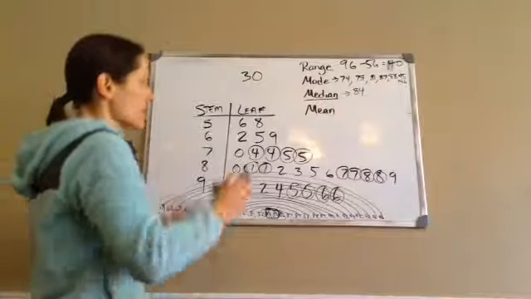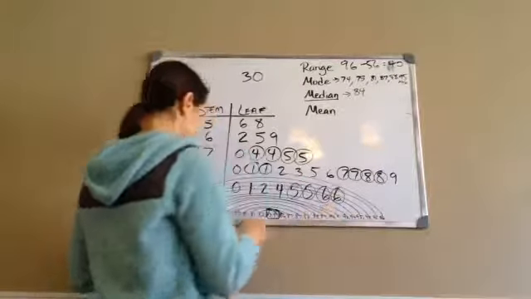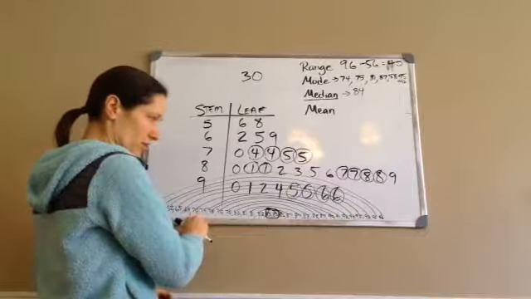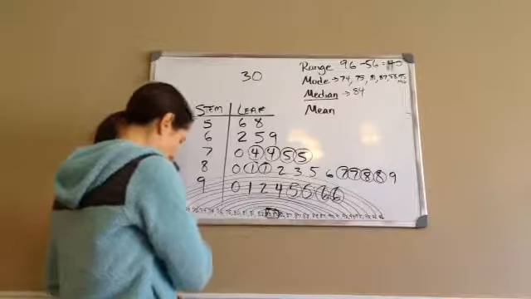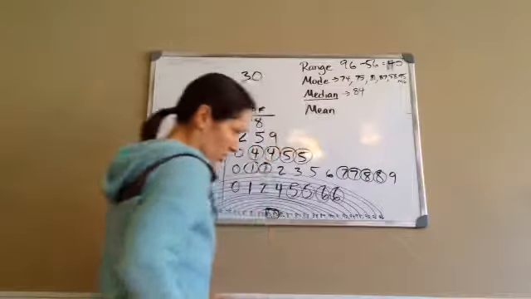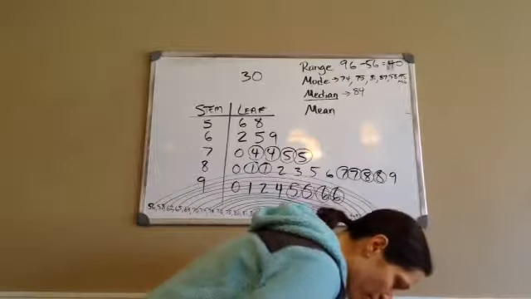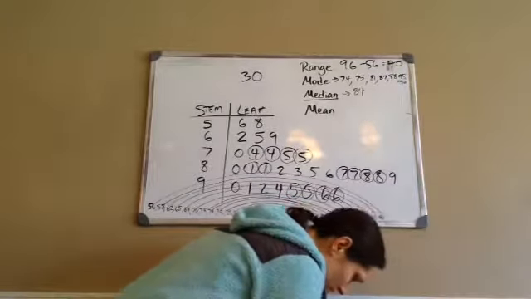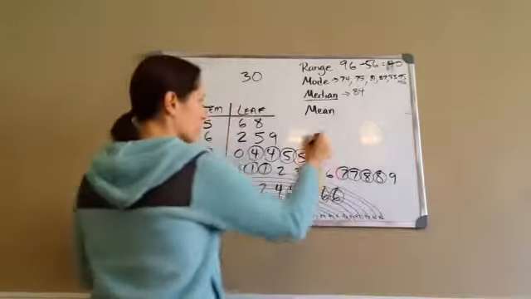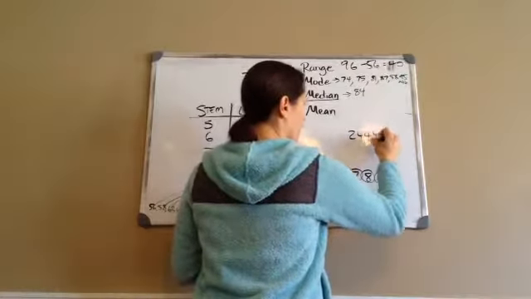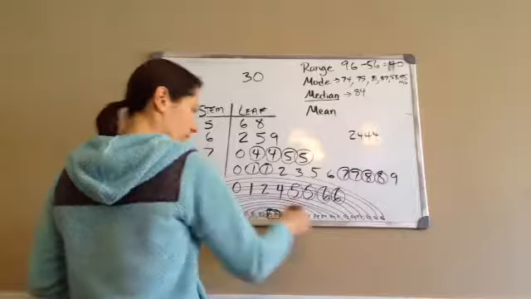Okay? And then the mean, basically, I'm going to take every single number. It's probably best to do this on a calculator. Add all my scores up, which ends up being 2,444 is the total when I add up the sum of that.